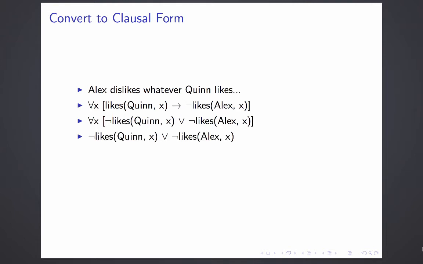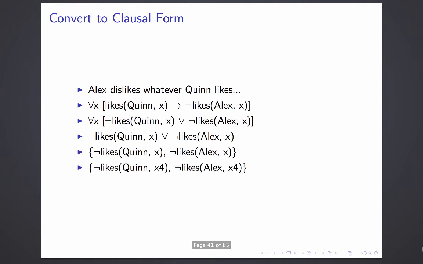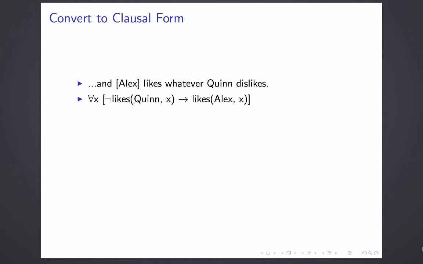Now we can drop the universal quantifier. We have something in conjunctive normal form. We can write that in clausal form. We rename the variable to x4. Another implication. Scope of the universal is the entire implication, so when we eliminate the implication, we negate the negated predicate likes, convert the implication to a disjunction.